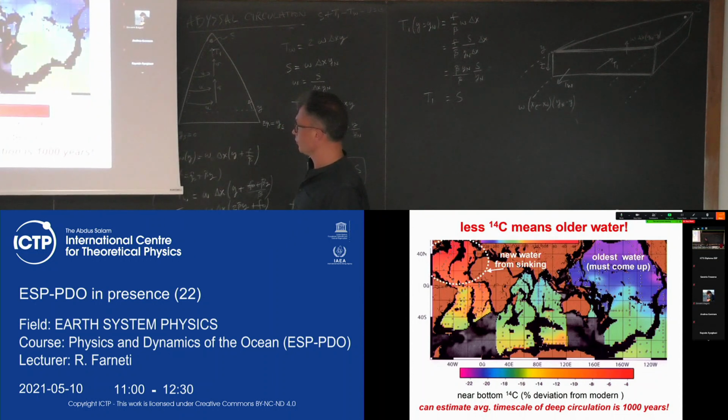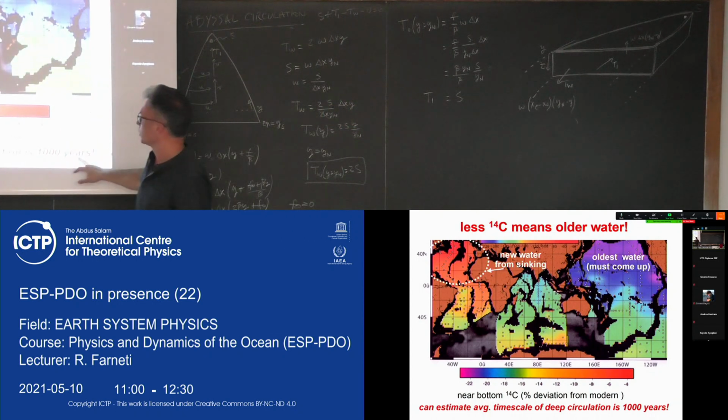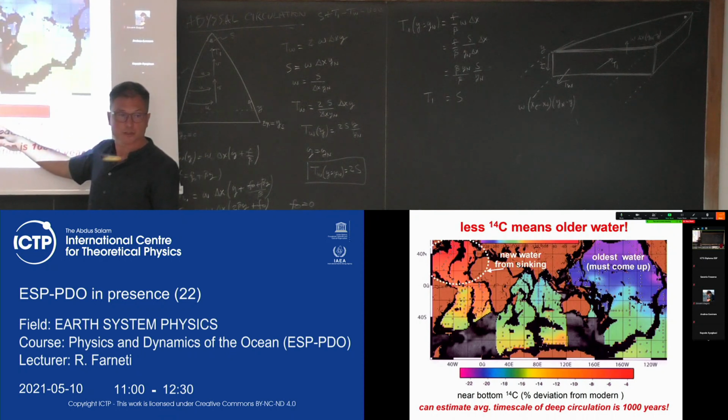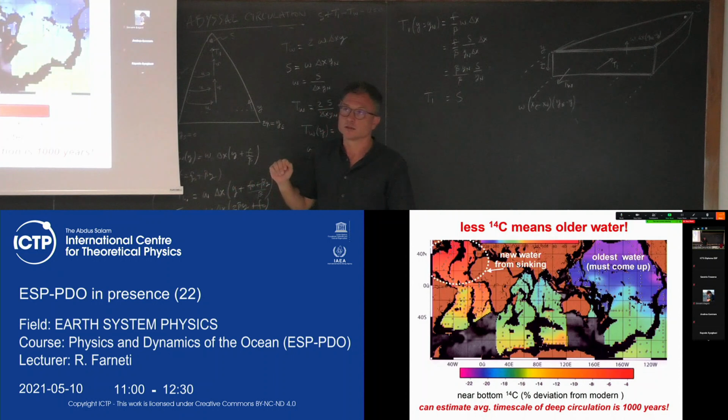And so from the percentage of carbon-14, you can estimate a time scale of the deep circulation. And if you take these numbers of percentage, it is about 1,000 years.